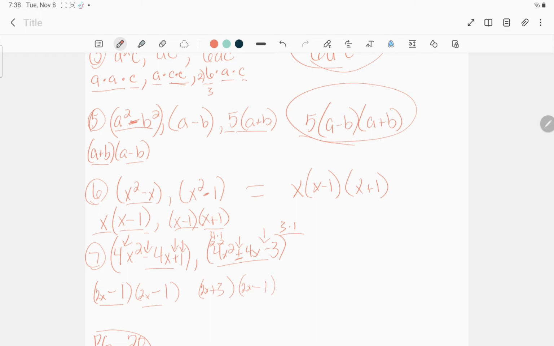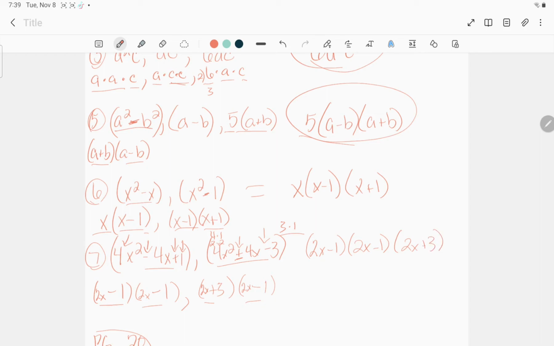Now, what is the least common multiple between these two trinomials? Well, 2x minus 1 and 2x minus 1, that shows up 2 times in the first one, and it shows up 1 time in the second one. So 2x minus 1, 2x minus 1. And then 2x plus 3 shows up 1 time. 2x plus 3.